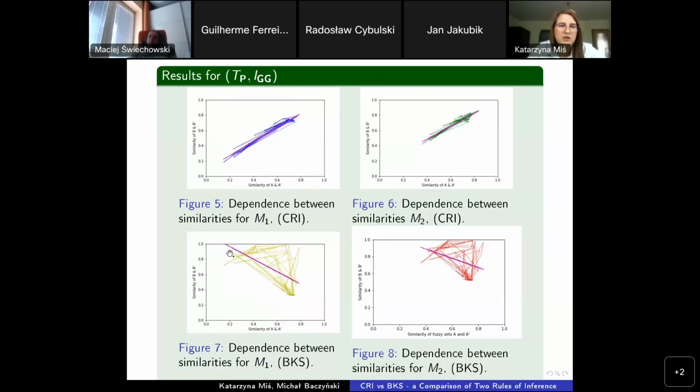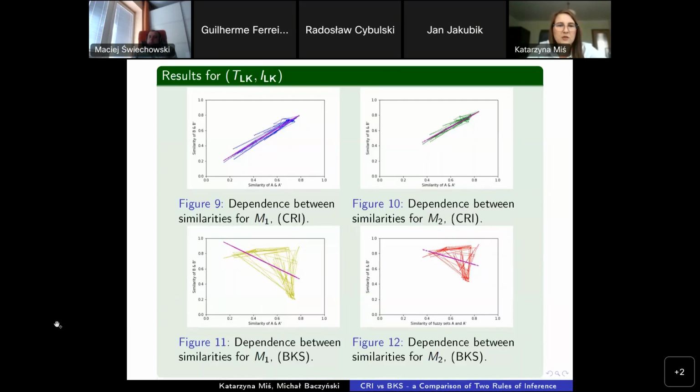This is the regression line. So we might say that they are inversely proportional. So if A and A prime in most cases are very similar, then the similarity of B and B prime, so our output, would be smaller.